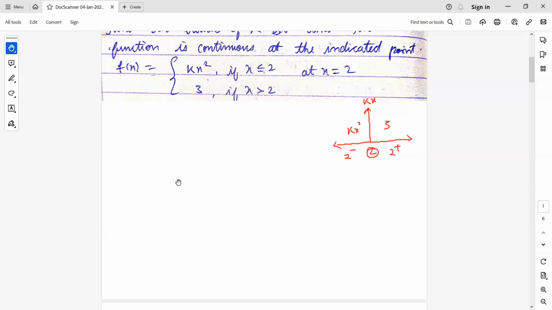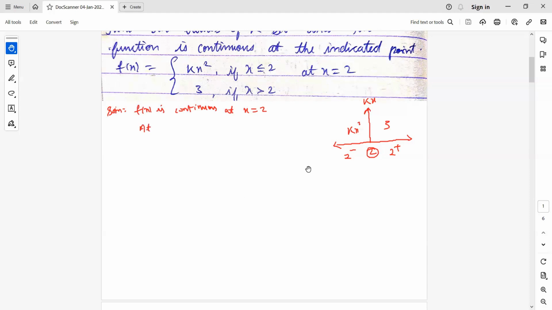When it is less than 2, the value of the function is again kx square. So the limit of kx square as x tends to 2 minus. Once you take out the limit, you substitute x with 2. So again it will be equal to 4k.